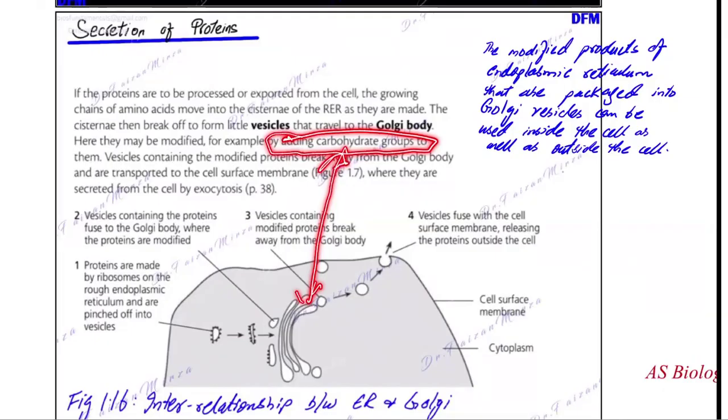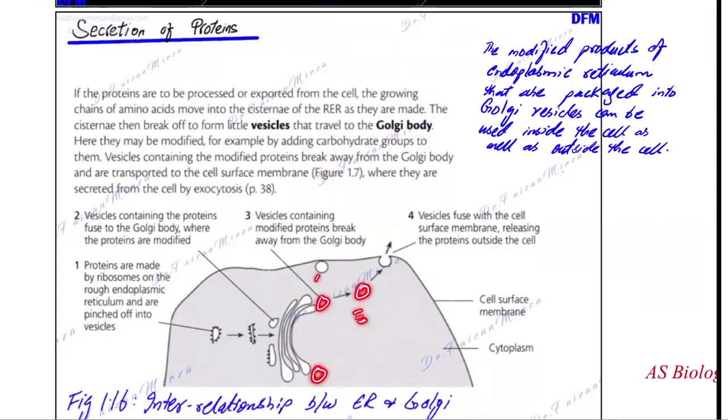There are various other processes by which a protein can get modified in Golgi. You study those later on in the syllabus, but for now you can just remember that adding a carbohydrate chain to a growing chain of amino acids in the Golgi complex is an example of modification of protein. Now, the products of Golgi are all taken inside these vesicles.